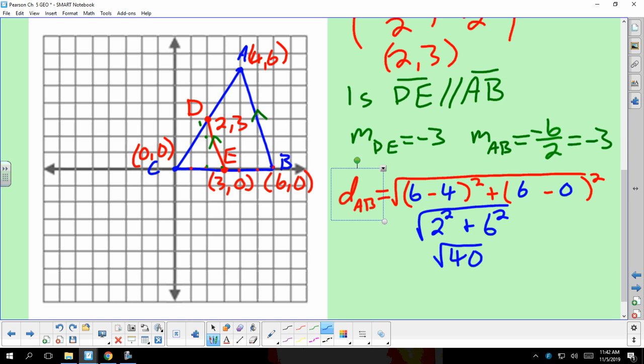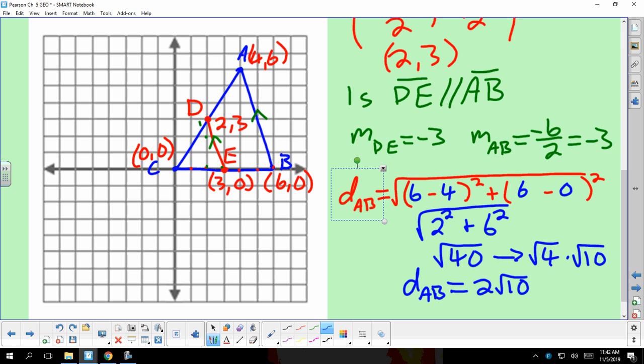And we can write the square root of 40 as the square root of 4 times the square root of 10, right? And we know the square root of 4 is 2. So the length of AB is 2 root 10. Right?